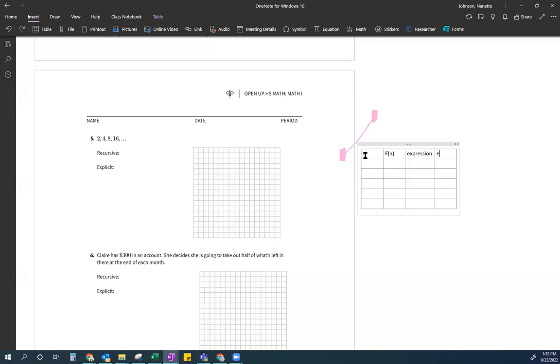And then now you know this is going to be my exponents. So you know where I'm going with this. So the first term, second term, third term, fourth term, fifth term. Oh, I always forget this. I'm going to do n here instead of fourth term, fifth term. So that's n. So the first term it says is, oh, it's 2, 4, 8, 16. So 2, 4, 8, 16. Okay.